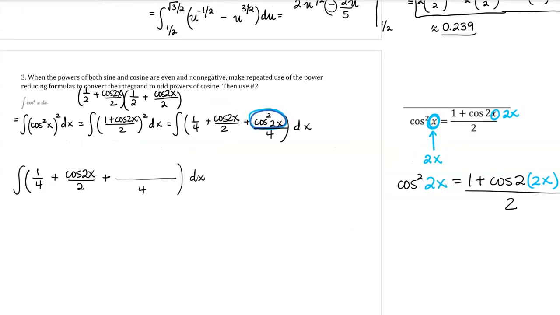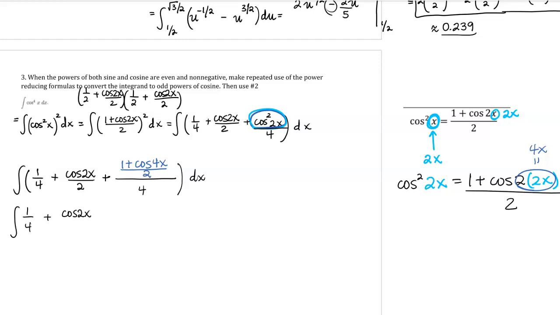So based off of what's over there, what I need to fill in here, because I've written everything else, I still have it divided by 4, I just haven't filled in the numerator, is going to be 1 plus cosine 4x all divided by 2. Because 2 times 2x equals 4x. And then in that last fraction, it's being divided by a 4.